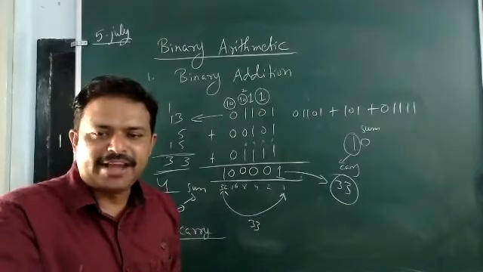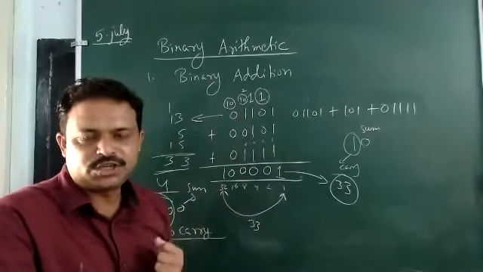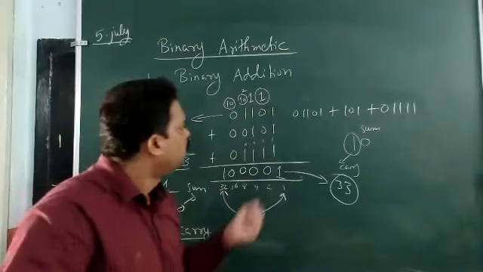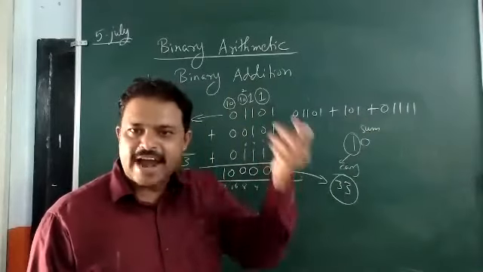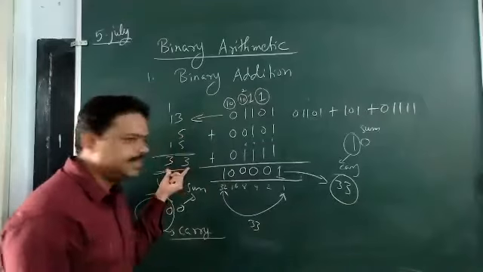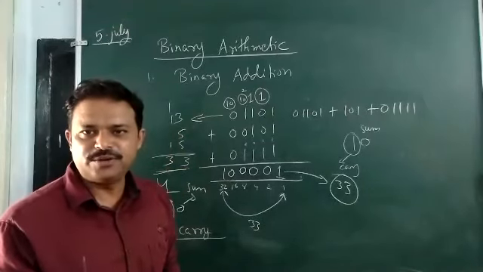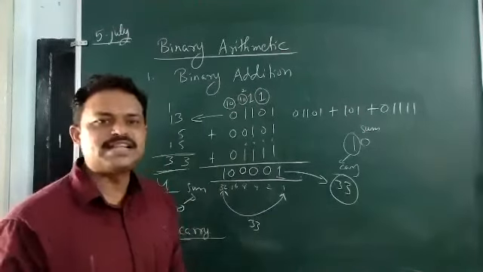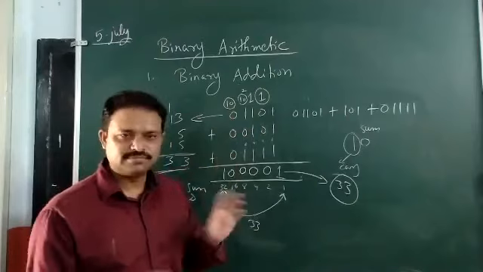I know what you are planning in your mind. Sir, what is the need of doing this much? If you give the question to us now, we will convert this into decimal, do the addition in decimal, and if the result is 33, we will write its binary value. Why take the tension of adding this?